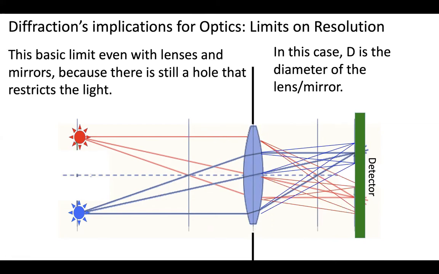So that same rule applies to telescopes and microscopes with a lens. The advantage of putting in a lens is now your aperture can be bigger. You can still focus all the light with a bigger aperture. The diameter of the lens or the mirror is now what sets your resolution. And that's what drives a lot of optical designs, especially ones designed for high resolution.